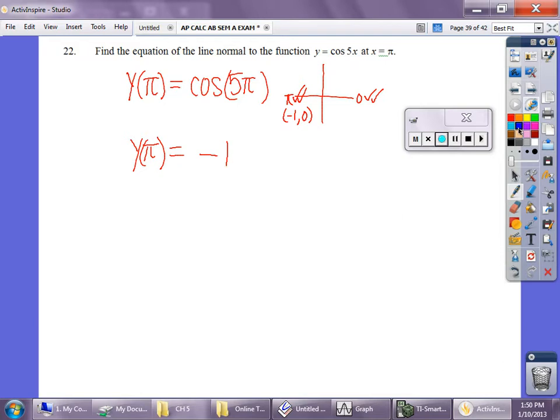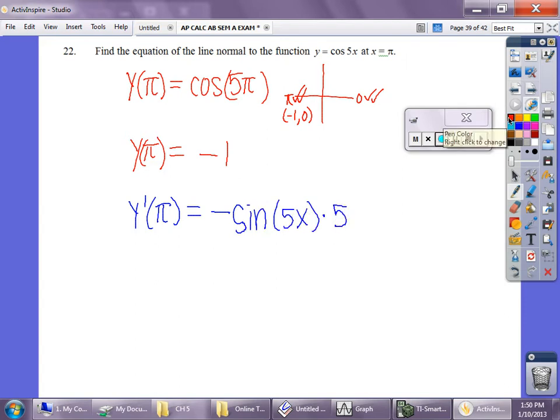Now I need to take the derivative at pi. The derivative would be derivative of the outside, leave the inside the same, multiply by the derivative of the inside. We're going to take the derivative at pi, so it would be negative 5 sine of 5 pi. That's that same point from above. The sine is the y value, therefore now the slope is 0.